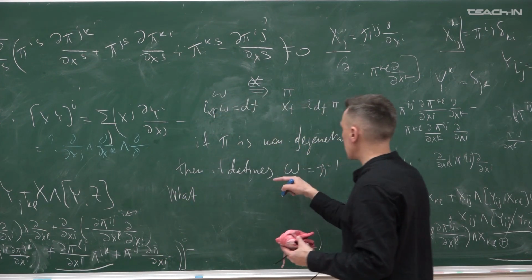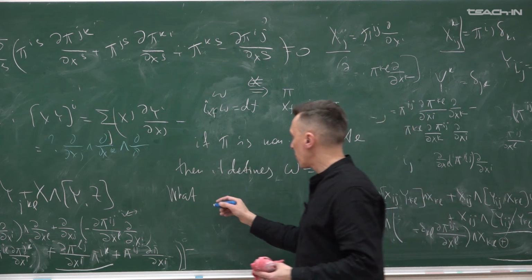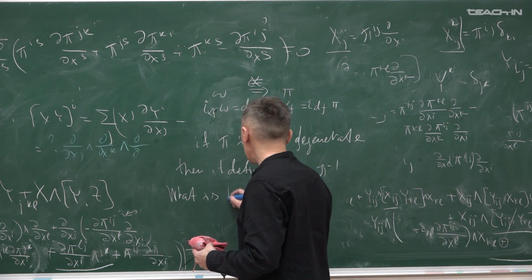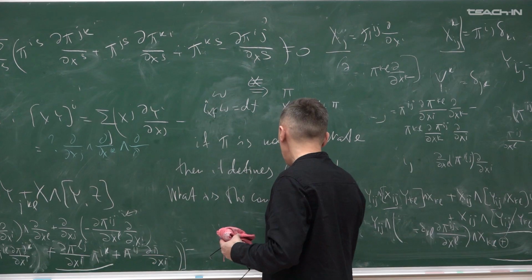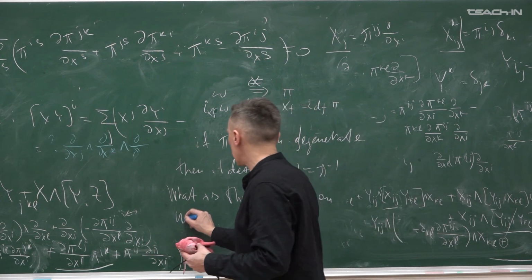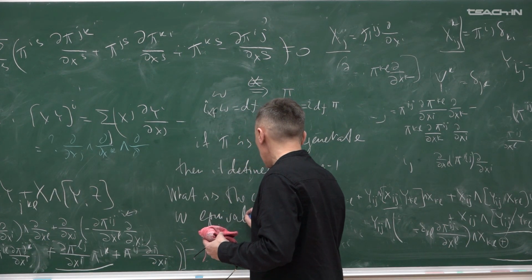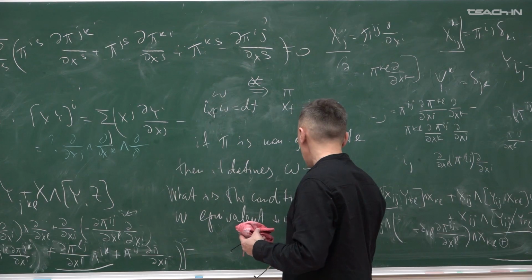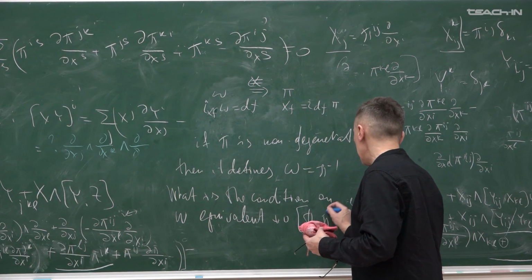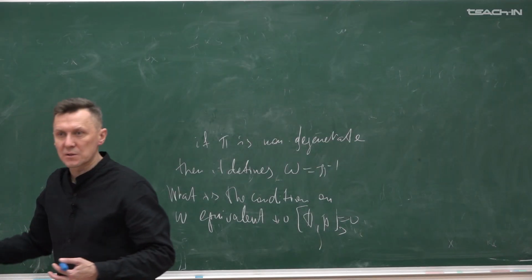So in this case, these are the same data. They define each other. What is the condition on omega equivalent to pi? Do you understand the question?